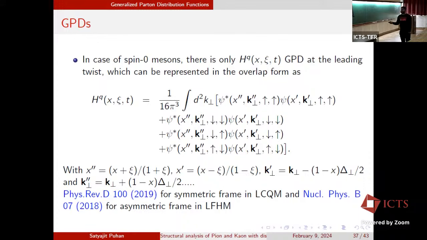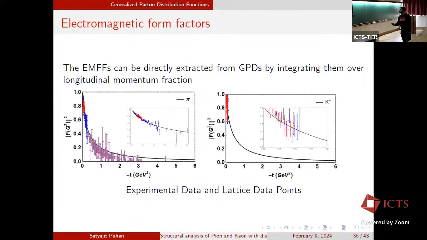For more details, you can check out PRD 100, Satvir ma'am's paper in the light-front quark model and Navdeep ma'am's paper in the light-front holographic model for different symmetric and asymmetric approaches.